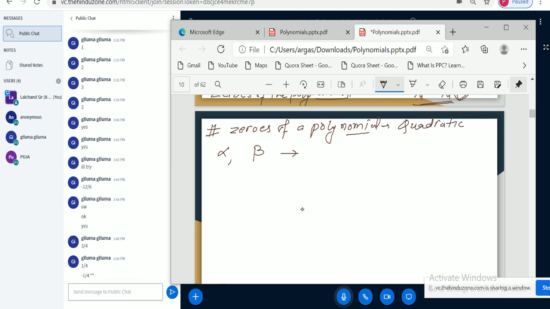How can you find the polynomial? If alpha and beta are the zeros of a quadratic polynomial, how can you calculate or find out that polynomial?